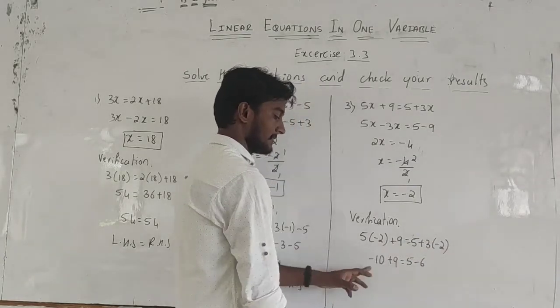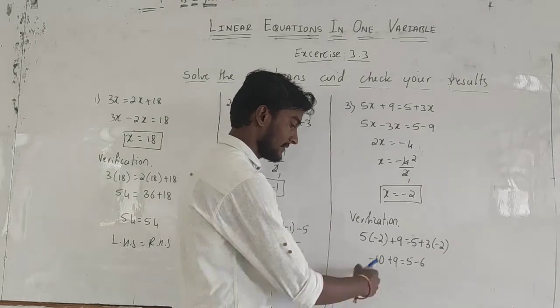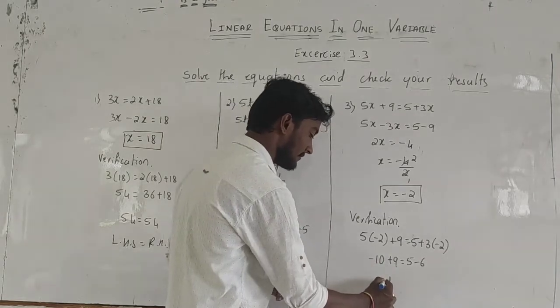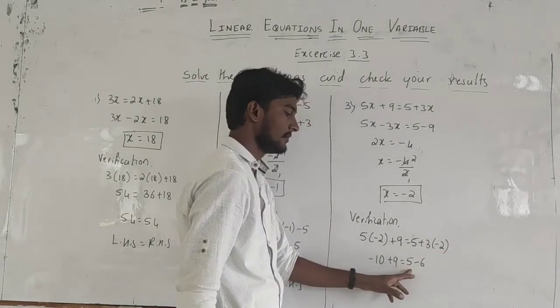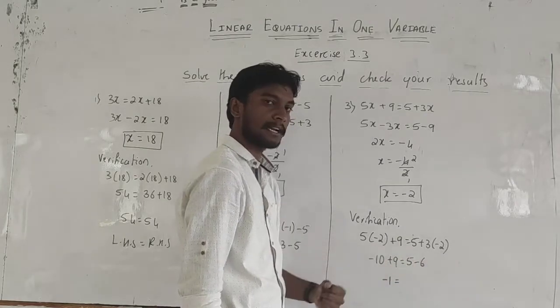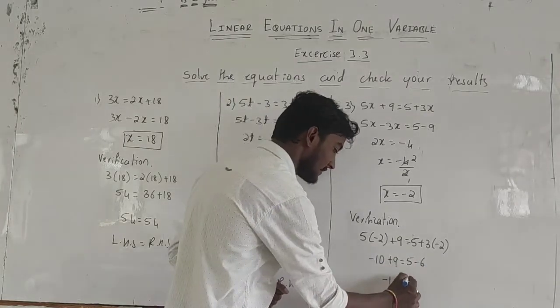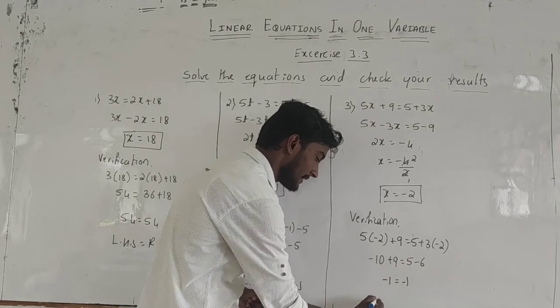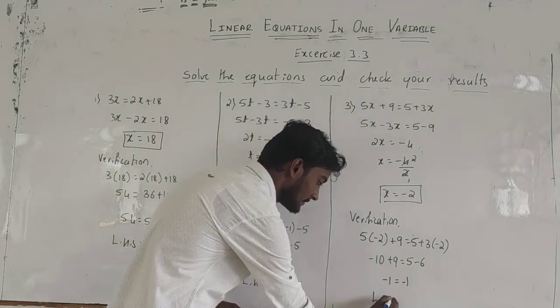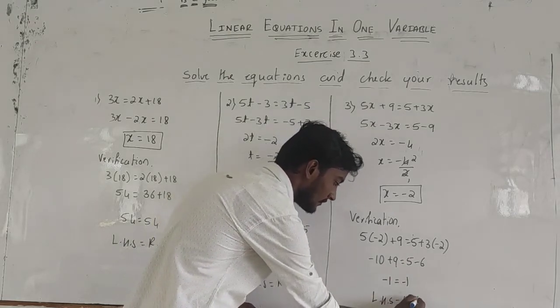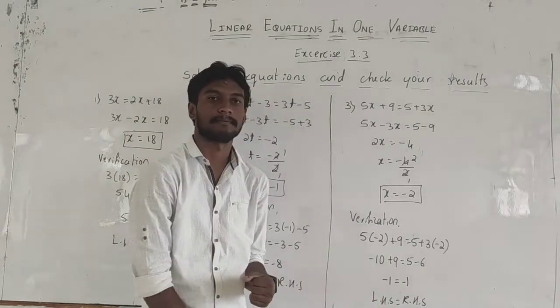Both are unlike signs, minus 10 plus 9. Subtract them. 10 minus 9 is 1. Bigger number sign is minus, which is equal to 5 minus 6. Again both are unlike signs. Subtract them. 6 minus 5 is 1. Bigger number sign is minus. Therefore LHS is equal to RHS.